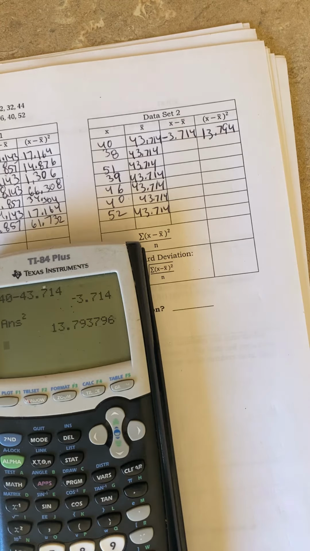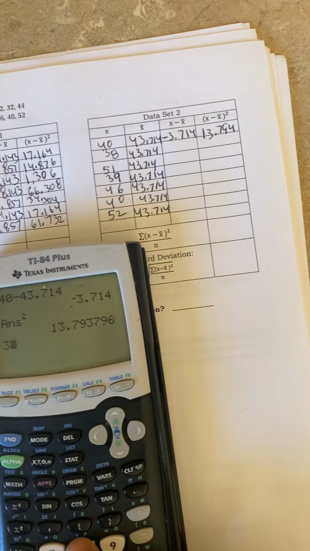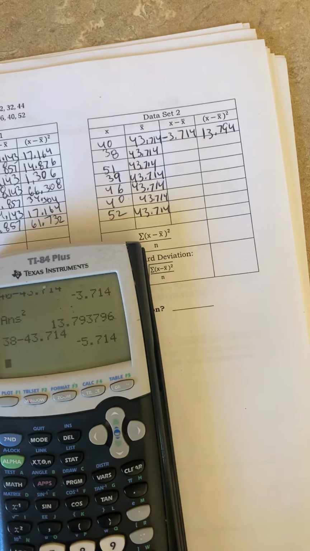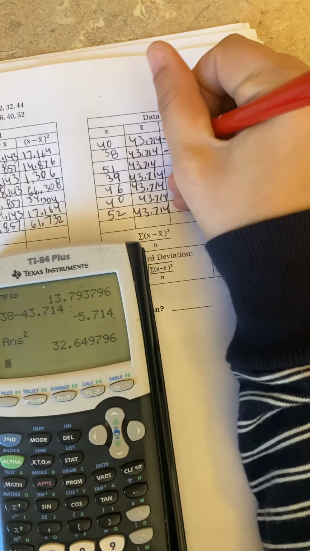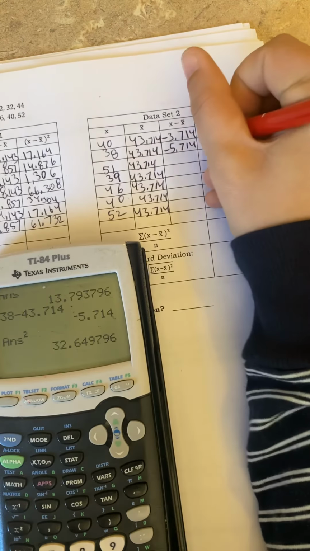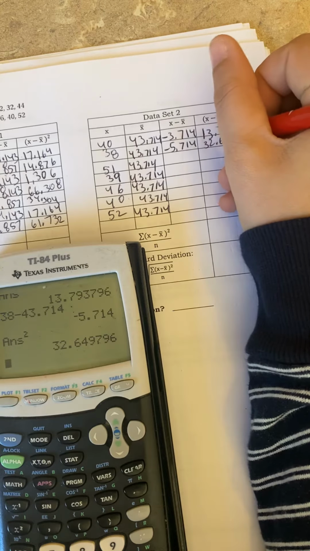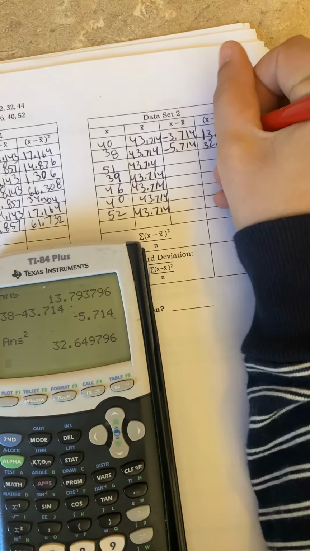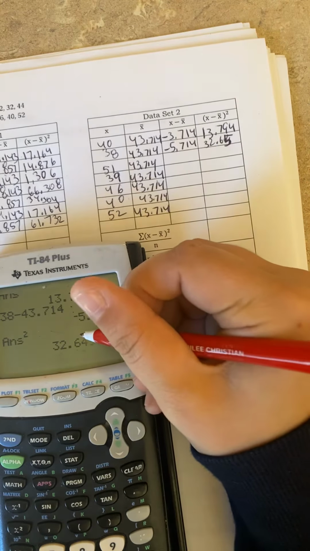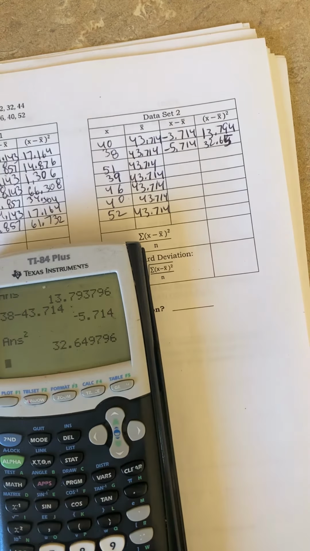And then we'll do the next row, 38 minus 43.714. And then square that. Gives me 32.65, because the 7 tells the 9 to round up, which is going to make the 4 go to a 5.